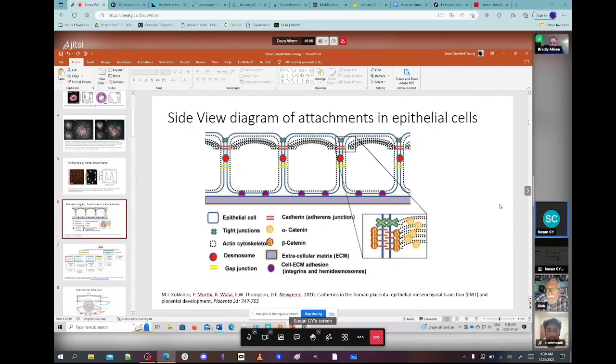Let's see. I think, go back to the first picture. Of course, this is where they have the intermediate filaments, and that's around the nucleus in this case. But if I go down here further, I think this is a better diagram because it shows it more in 3D. And here are your intermediate filaments.